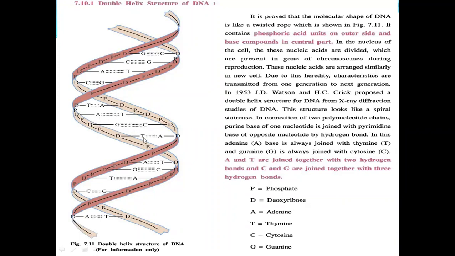Again, the opposite will come here, TA, right? So this is how the double helix structure will form. AT are joined together with 2 hydrogen bonds, and CG are joined with 3 hydrogen bonds. There should be some different distance between the 2 bonds, that is AT and CG.